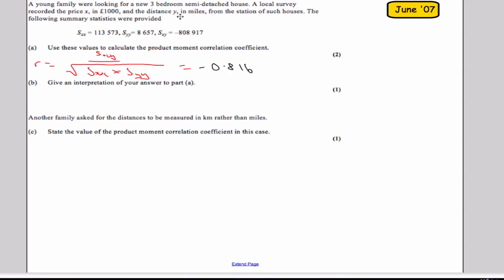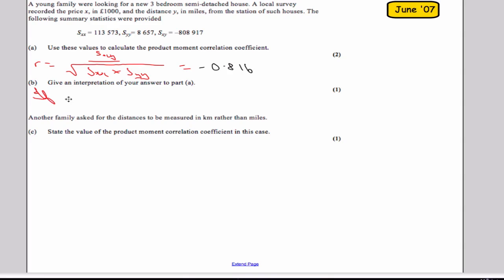So in other words, the closer you are to the station, the more expensive the house. Let me just double check. A local survey recorded the price X in thousands of pounds and the distance Y in miles from the station. So as the price goes up, the distance comes down. So if you're closer to the station, your house is more expensive.